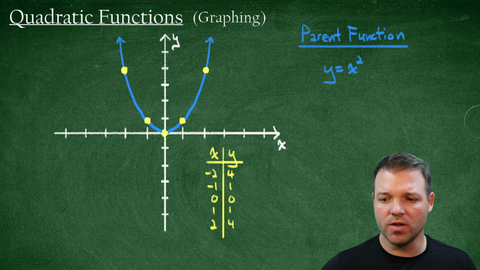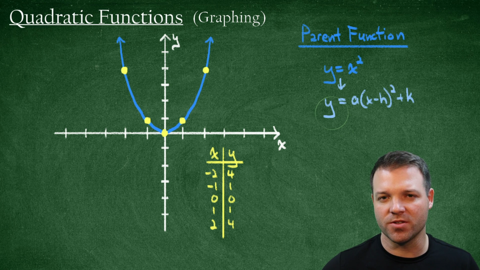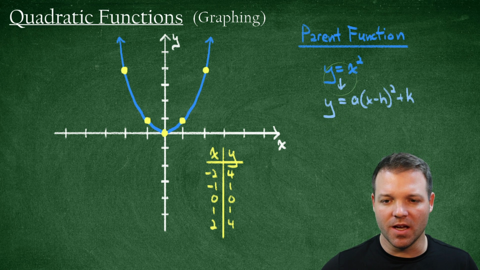One thing I do want to point out is that from the parent function y is equal to x squared, we can easily expand this to our transformation form, also known as the vertex form for quadratics specifically. Instead of just having y is equal to x squared, I could add in all the different types of numbers that I could add or multiply.